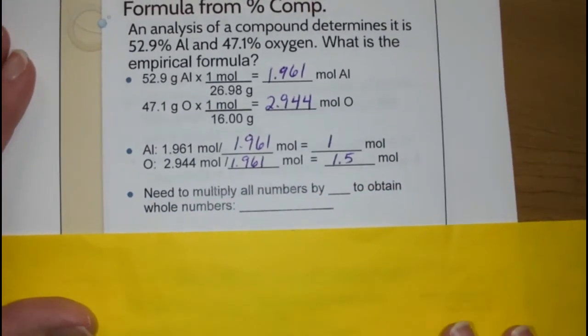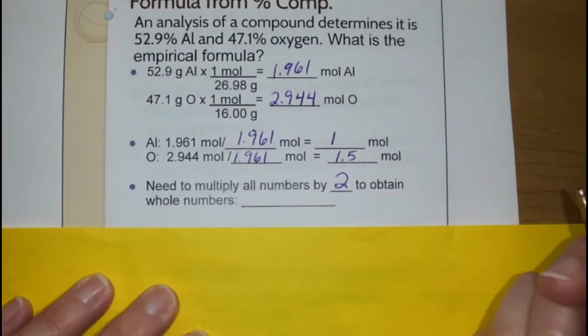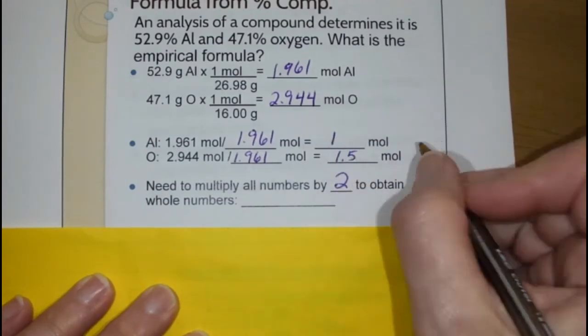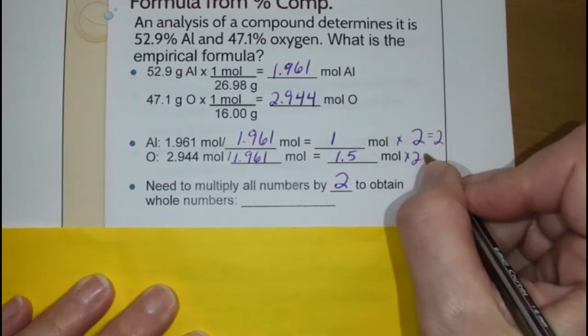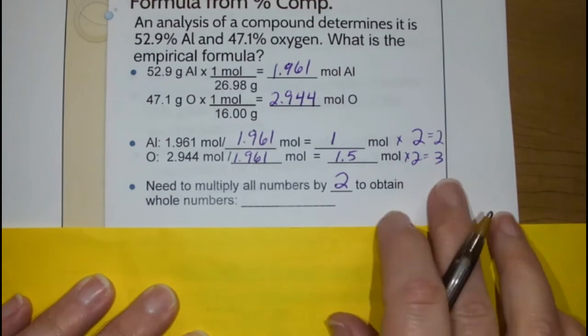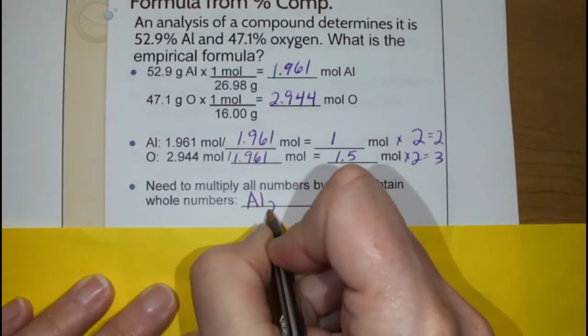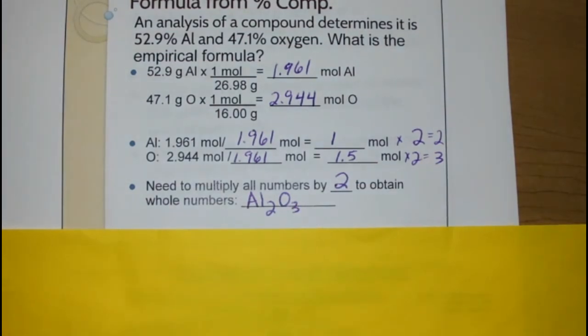We need to multiply all the numbers by 2 in order to get whole numbers. If I multiply this by 2, I get 2. If I multiply this by 2, I get 3. So then our ratio is actually 2 to 3, so our answer is Al2O3. That's going to be our empirical formula.